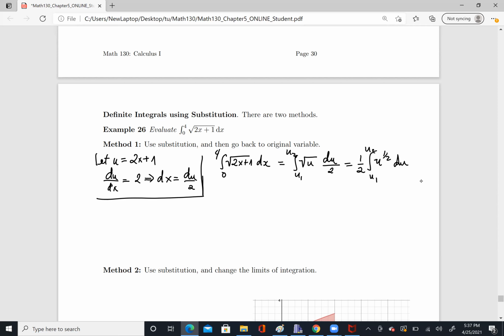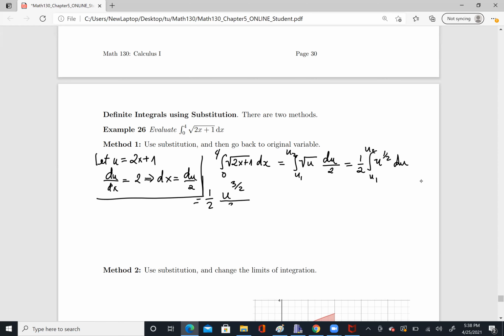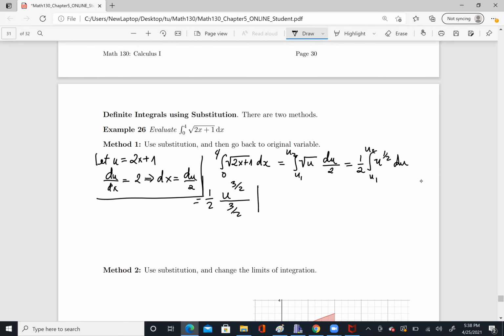I will have u to the power 3/2, so 1/2 stays here, divided by 3/2, with the limit from u1 to u2, right?